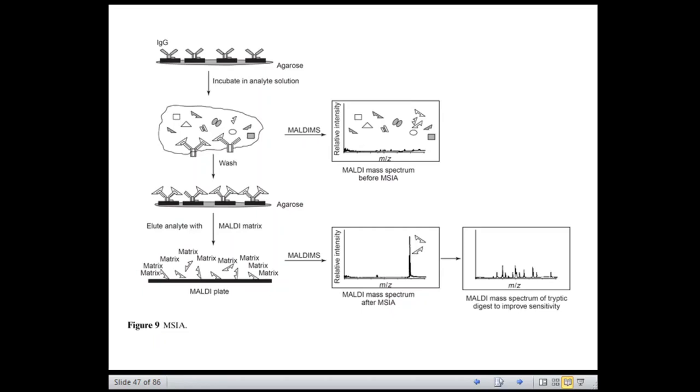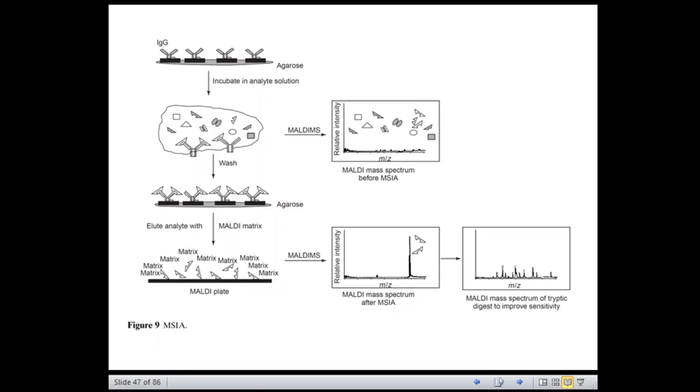So one such technique is MSIA, that is mass spectrometry immunoassay. So this method not only pre-concentrates the analyte, but also provides a selective form of analyte isolation, thus making this technique extremely powerful for screening biological fluids.